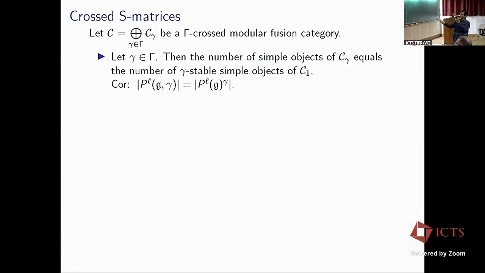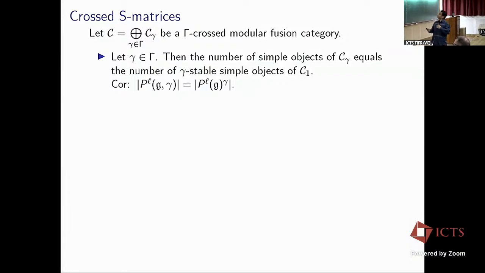Of course you can check this, since you have the classification of all finite order automorphisms of simple Lie algebras, and you can check in all cases that this is true, but this gives a conceptual proof of this curious fact.